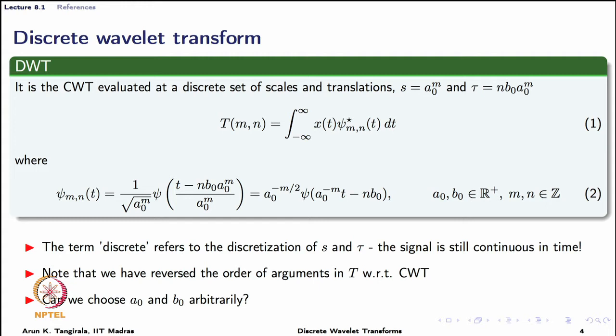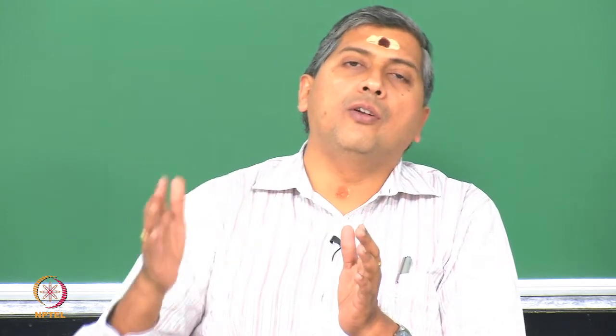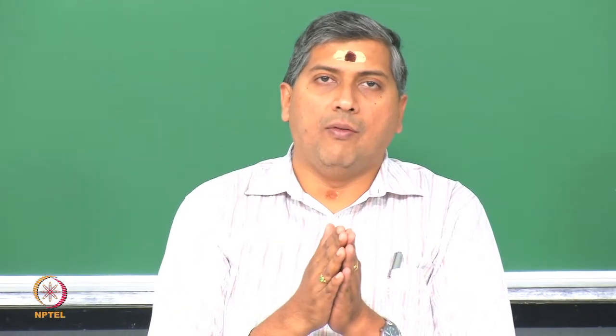And also at specific translations, here n b naught times a naught to the m. Now, you can quickly recognize a naught to the m is nothing but the scale itself. This n b naught essentially says I am moving the wavelet window in the analysis of the signal proportional to the scale of the wavelet.